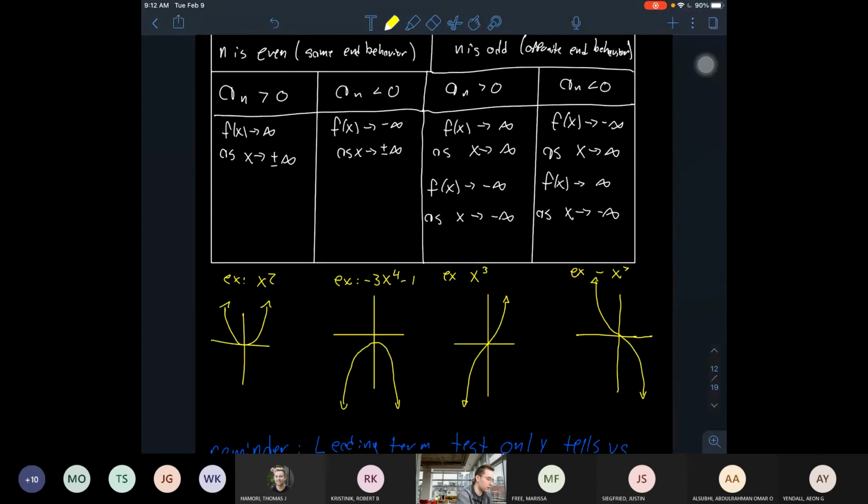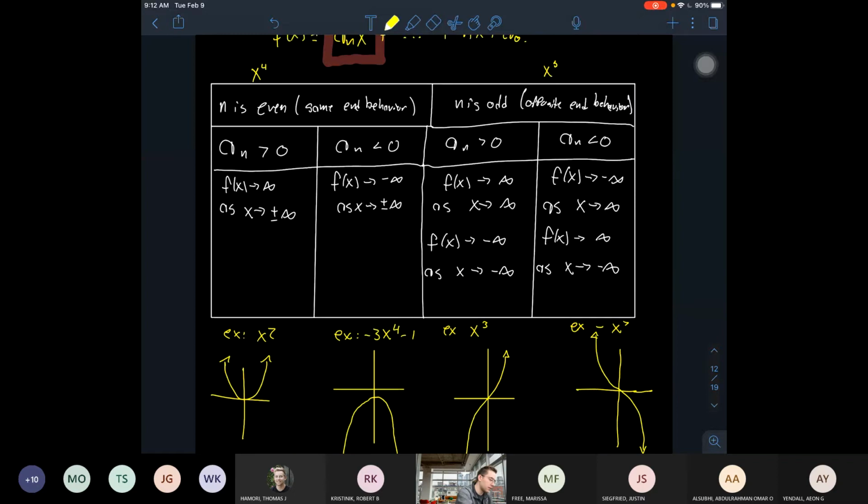For example, if I had 5x cubed, I would know that fits into n is odd, and that 5 is larger than 0, so the result is that f of x goes to positive infinity as x goes to positive infinity, and f of x goes to negative infinity as x goes to negative infinity.